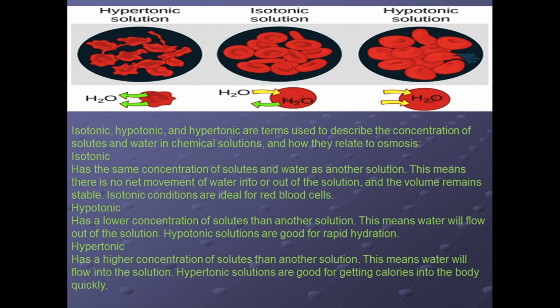In an isotonic solution, the medium outside and inside the cell has the same proportion of water. Water does not go in or out. Second, hypotonic. The cell has less water than the outside medium, so water enters the cell.